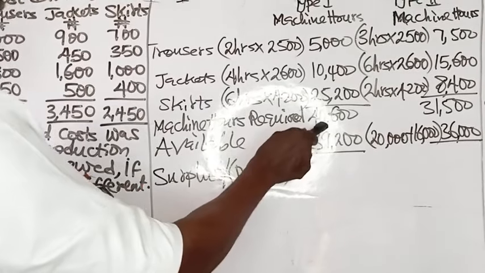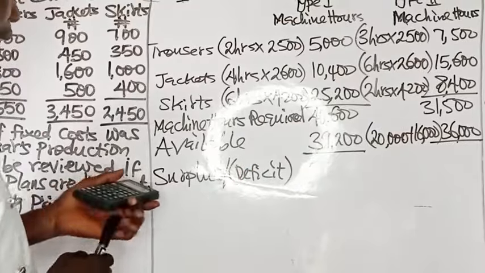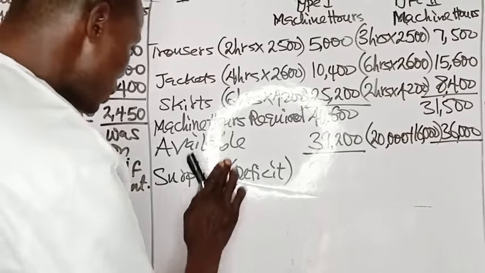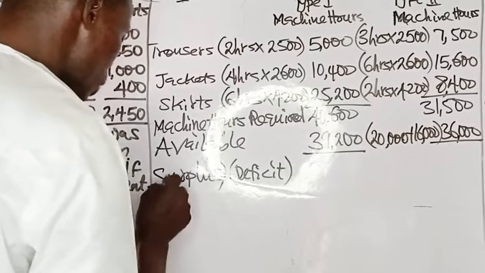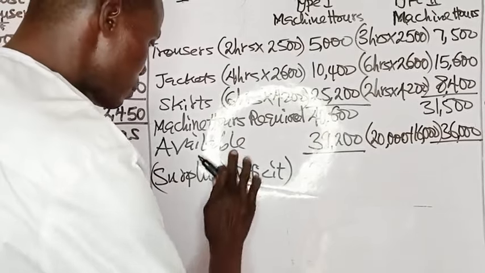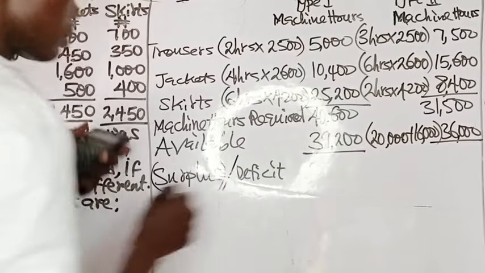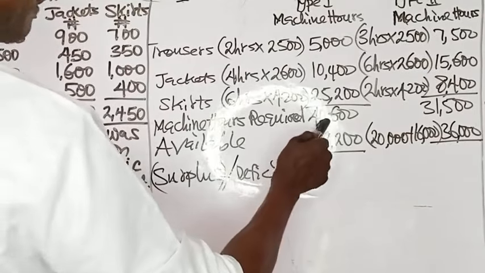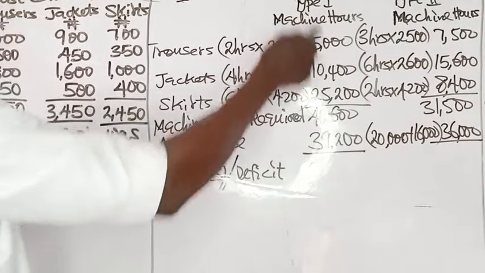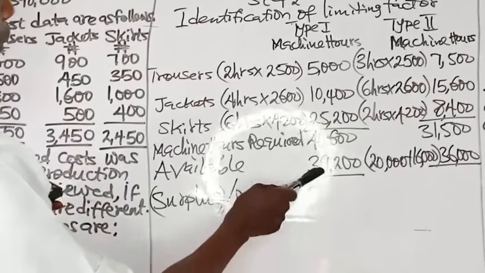The one required here is 40,600. I mean, surplus will be negative, while deficit will be positive. You require 40,600 type 1 machine hours, and the one available is not up to that.